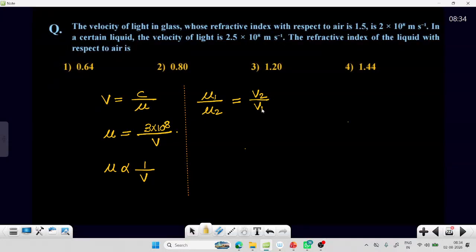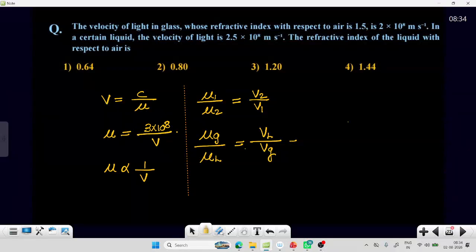We need the refractive index of the liquid, so we write refractive index of glass by refractive index of liquid equal to velocity in liquid by velocity in glass.